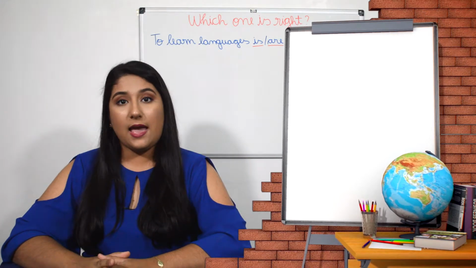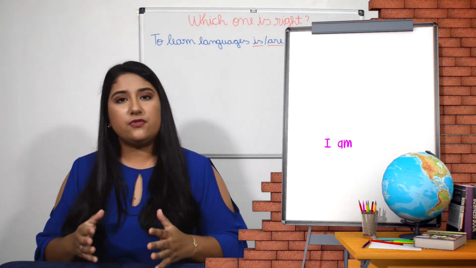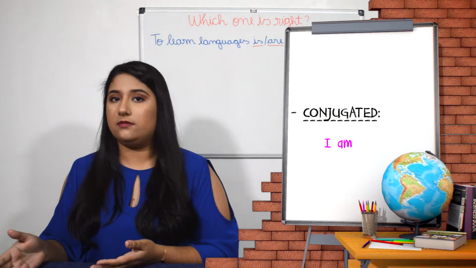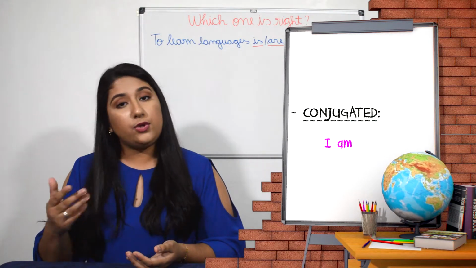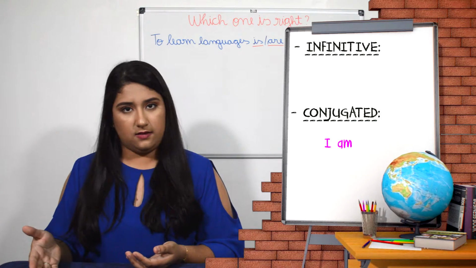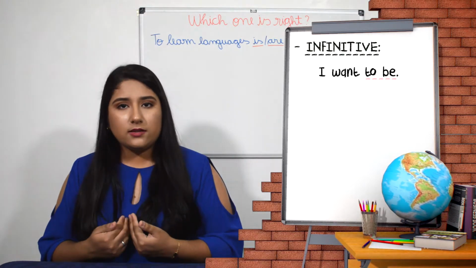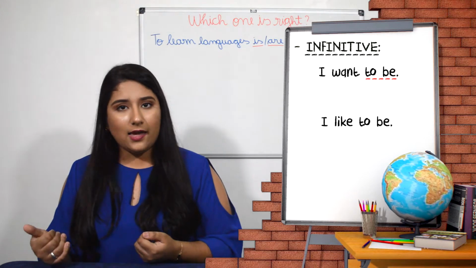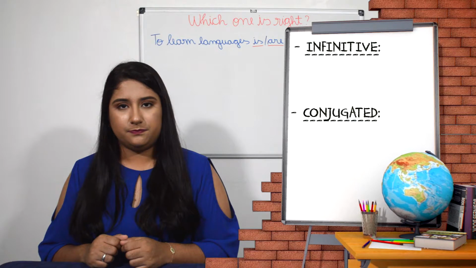The same thing happens with to be. If I say I am, the verb to be is conjugated. But if I use it after another verb, I'll use the actual infinitive, to be. For example, I want to be, I like to be, etc. Let's see some examples.